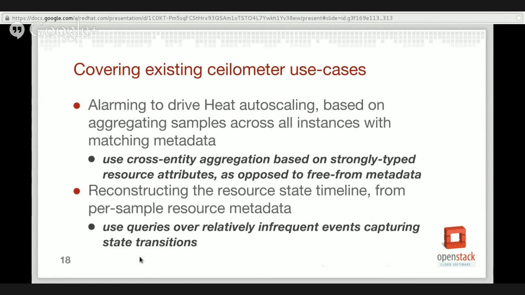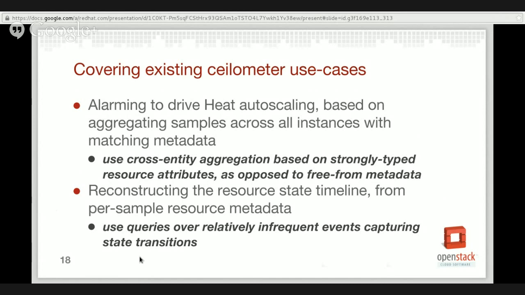So as far as heat is concerned, it's very similar to what went before, except that instead of that user metadata on the instance feeding into some free-form resource metadata snapshot on a heavyweight sample in the classic Ceilometer data store, instead it'll lead to a much more lightweight server group attribute being stored in the resource, and only one copy of that being stored in the Gnocchi indexer, as opposed to many, many, many snapshots of exactly the same data being stored in the heavyweight samples.